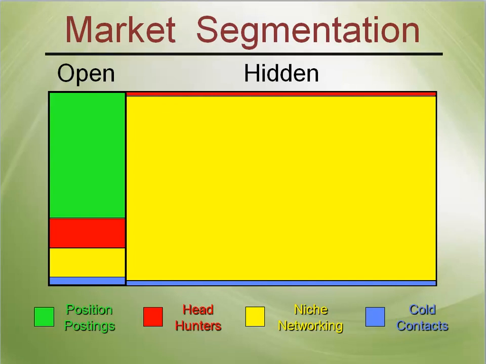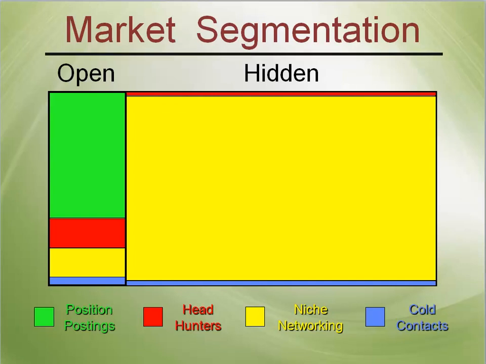You sell differently to, say, baby boomers than you do teenagers. We've divided the job market into the two segments, the open job market and the hidden job market. As we've mentioned, the hidden is 4 times larger than the open. In fact, the Cornell University Career Services research confirms this 20-80% split.